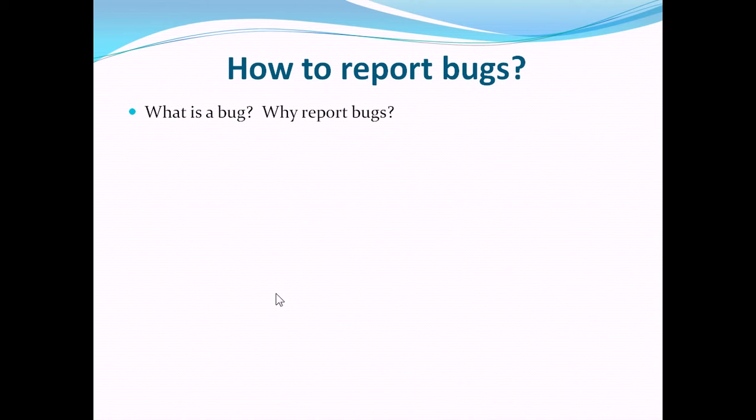Now the second question is, why do we have to report bugs? Well, most systems are complex, so they are not systems that everybody knows everything about at all times. So since most systems are complex, it is not sufficient to tell the developer that look, I found a bug in the system.